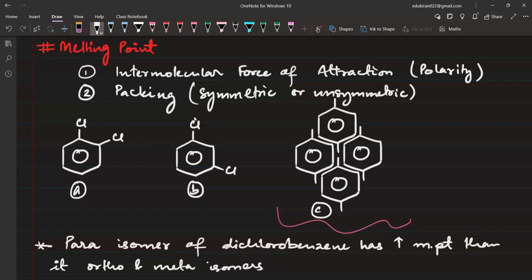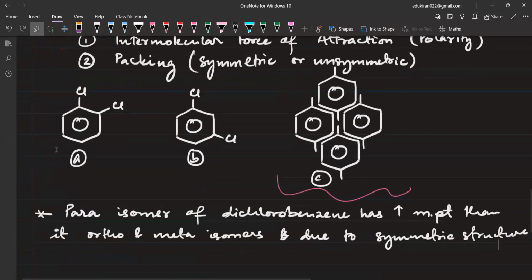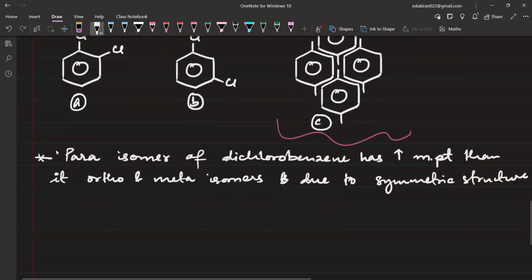Why? Due to symmetric structure. Due to symmetric structure, it can easily fit in the lattice.